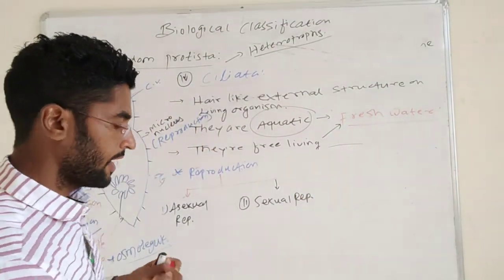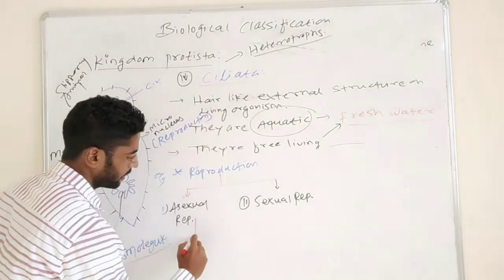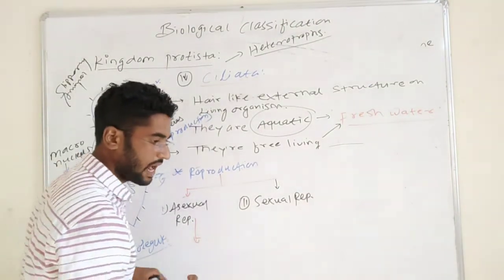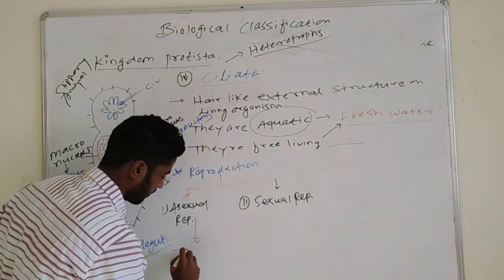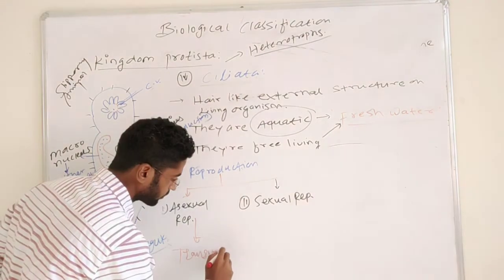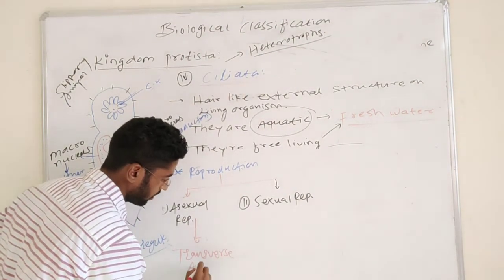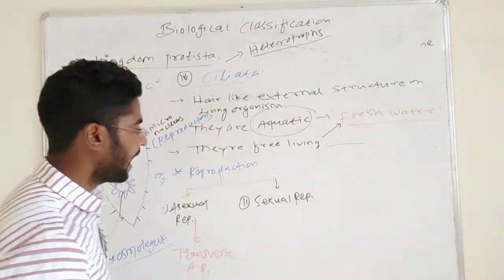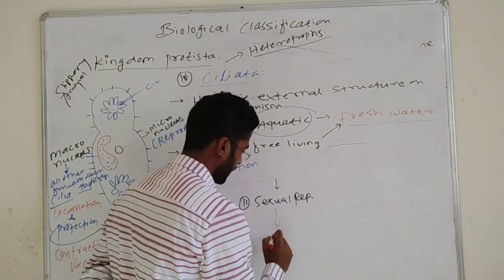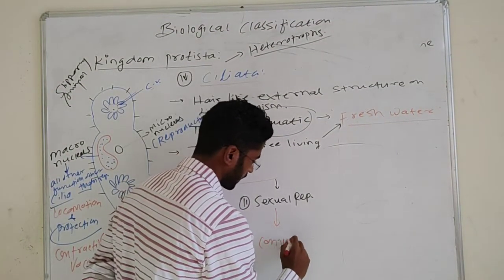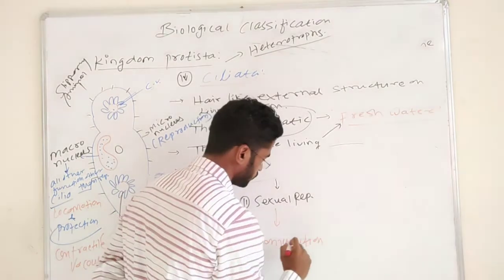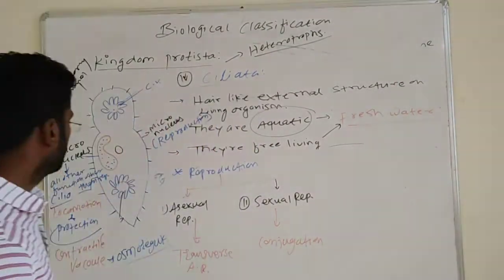Now this asexual reproduction is by the process of transverse binary fission, and the sexual reproduction is by the process of conjugation, right?